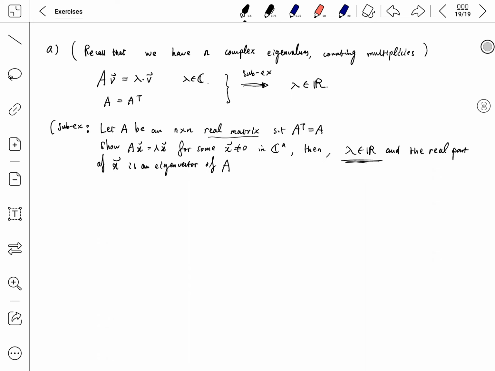Actually, this is what we are talking about here. We are talking about a real symmetric matrix.